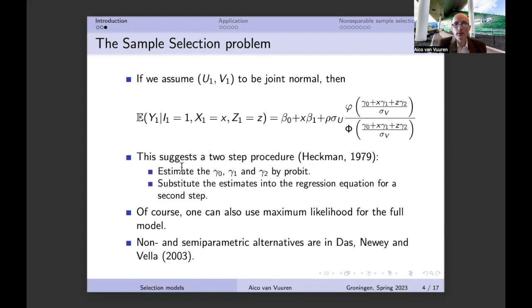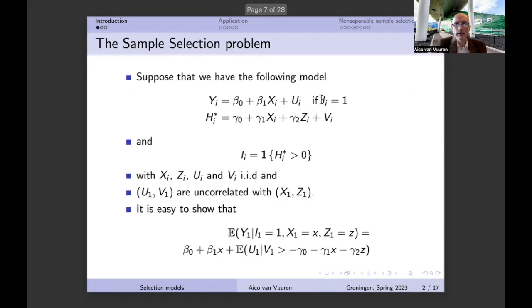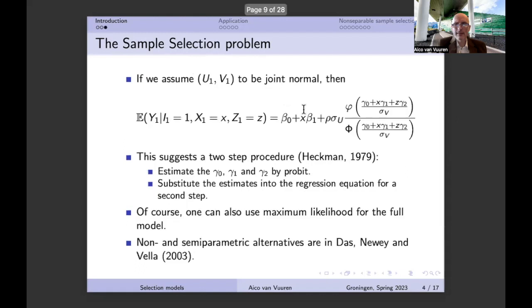What we can do is that in the very first step, we can do a probit on the variable I that we have over here, whether somebody has an observed y or not, on, of course, x and z. And then what we're going to get is essentially estimators of the gamma 0, gamma 1 and gamma 2 over here.